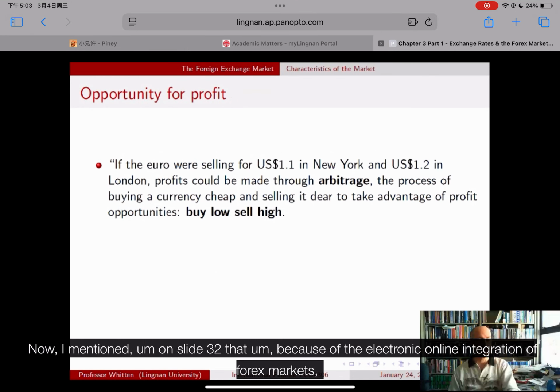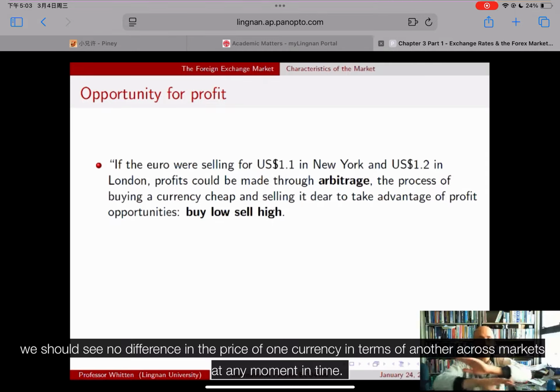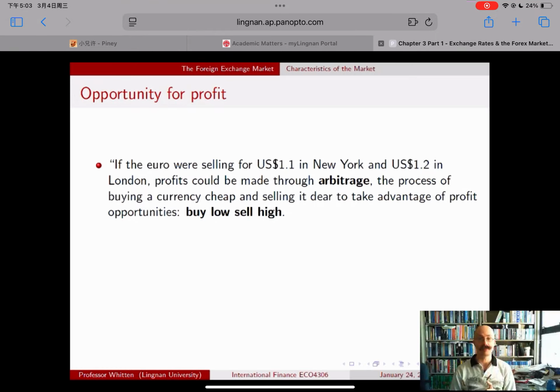Now, I mentioned on slide 32 that because of the electronic online integration of Forex markets, we should see no difference in the price of one currency in terms of another across markets at any moment in time.